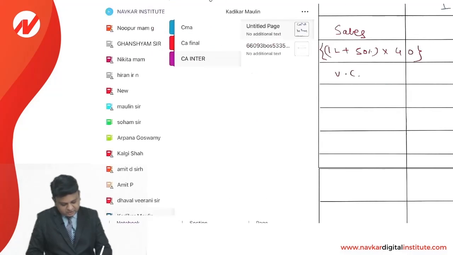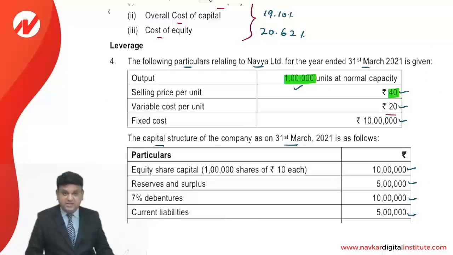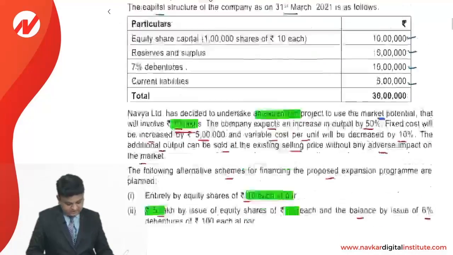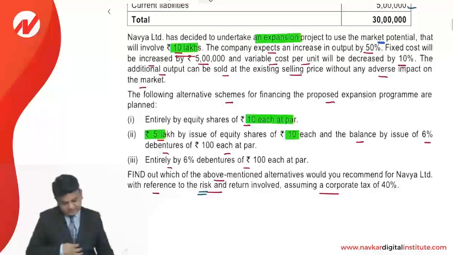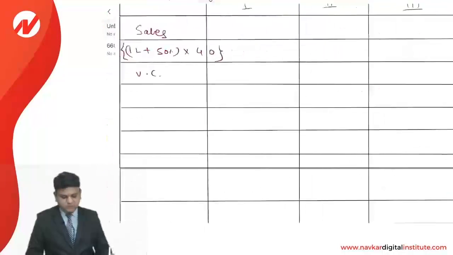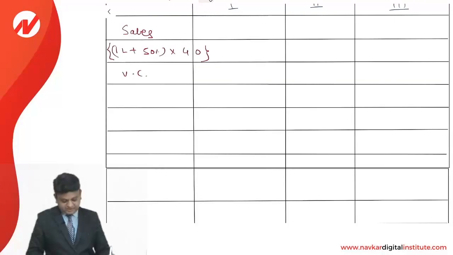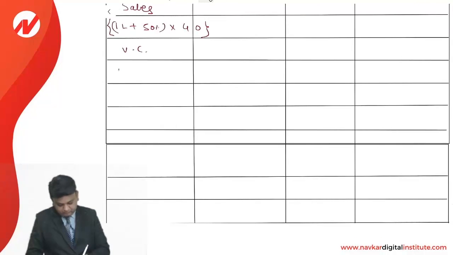Next is the variable cost. Presently the variable cost is 20 rupees. However, it has been given that the variable cost will decline by 10%. So it will decrease to 18 rupees: 1,50,000 units into 18, that is 20 rupees minus 10%.